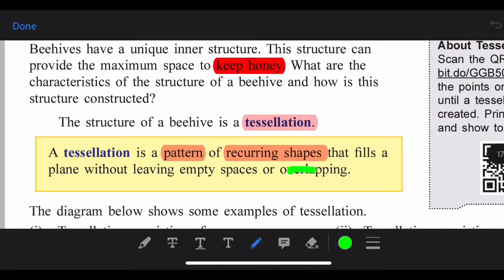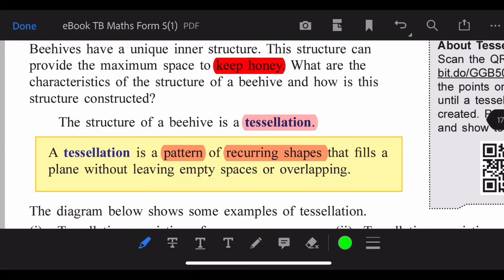There is no overlapping, there are no empty spaces. That is so-called tessellation. It's a pattern of recurring shapes that fills a plane without leaving empty spaces or overlapping, right?